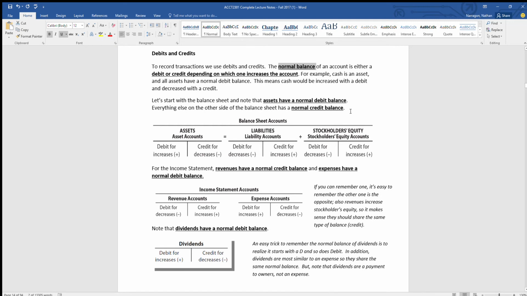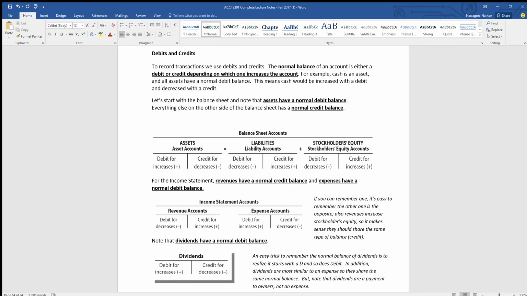Now, an easy way to remember natural balances is a neat little acronym. Start off with a good old drug association, DEA. D stands for dividends, E is for expense, and A is for assets. These represent natural debit accounts.